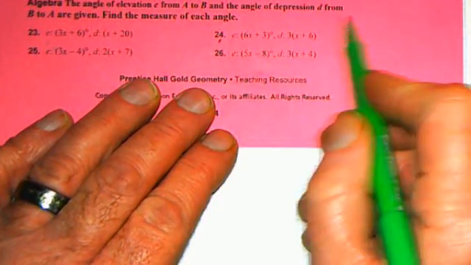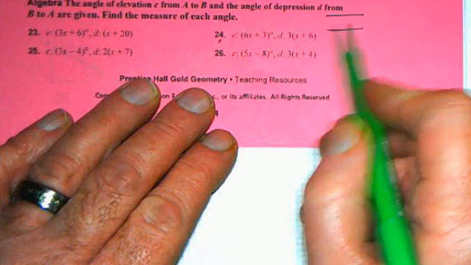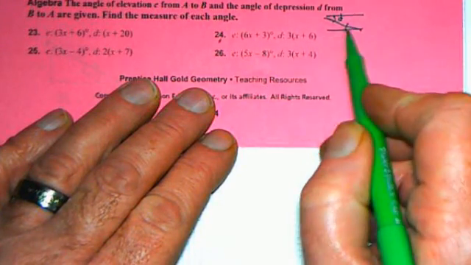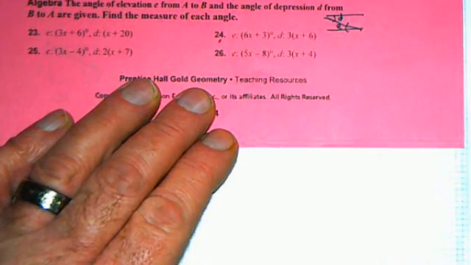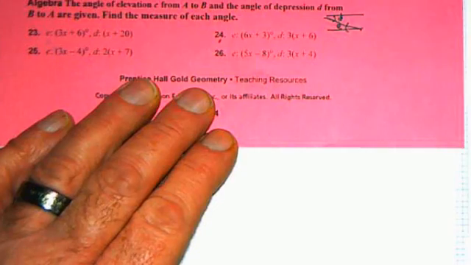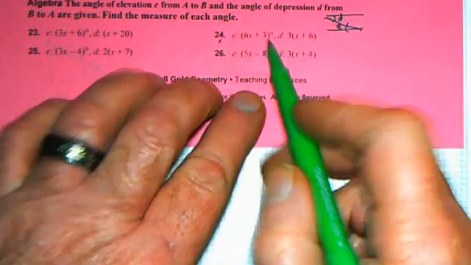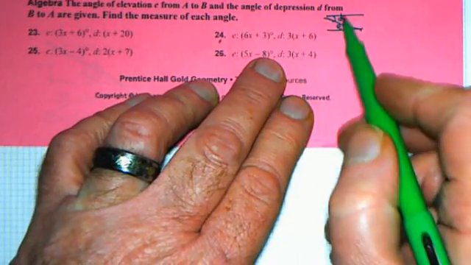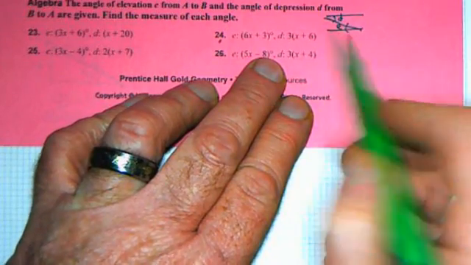Since an angle of depression is equal to an angle of elevation, we actually set these two algebraic expressions equal to each other and solve for x. And then plug the x in, and that's going to give us the measure of the angle. And these two angles are going to be congruent by alternate interior angles.